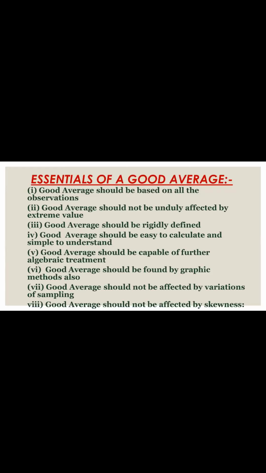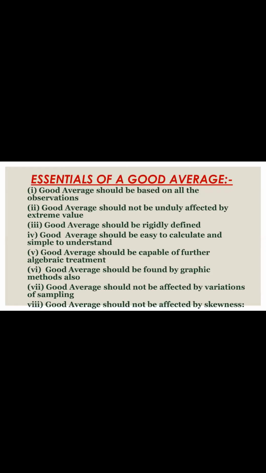Let us take an example. If we are finding the average of 8, 6, 10, then the mean value is 8. But if another item having a value of 200 is taken, the average comes out to 56.